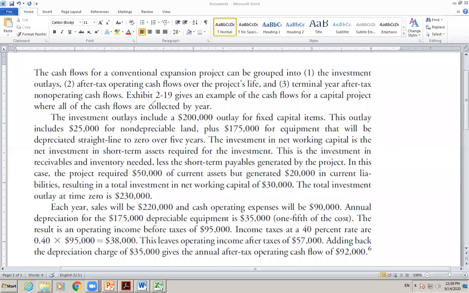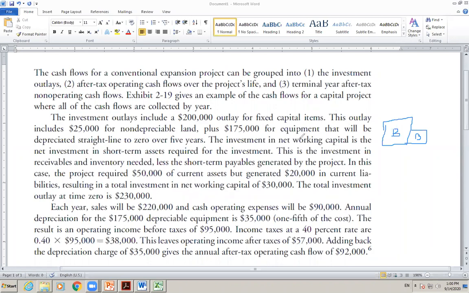The cash flow projection in the case of a conventional expansion project: you have a project, let's say you're producing bread, okay? And you want to expand your business. You want to open different branches to produce the same bread or a different line of products. So you want to make some expansion. Whether it works to expand your business or not, this is how we make some cash flow projection.